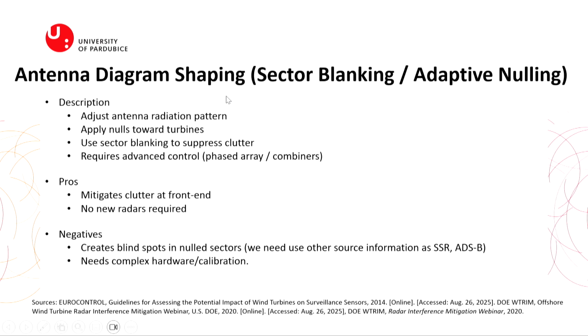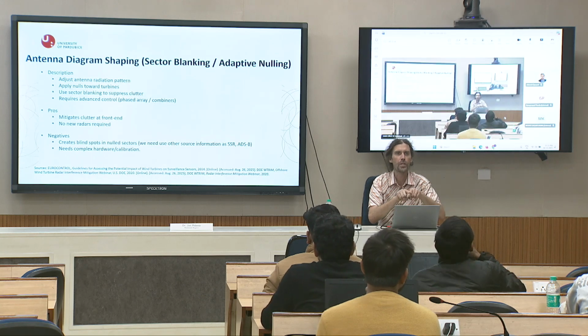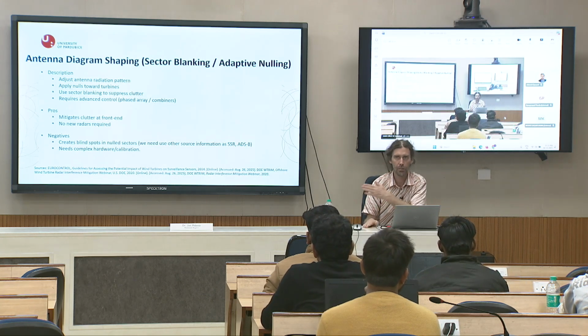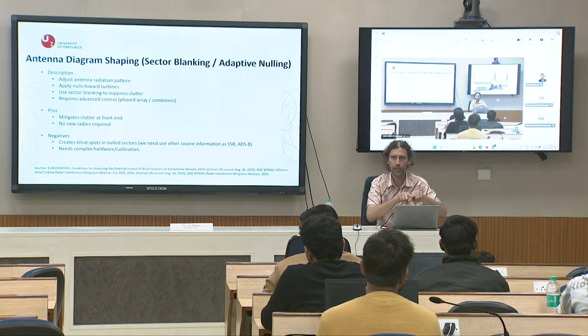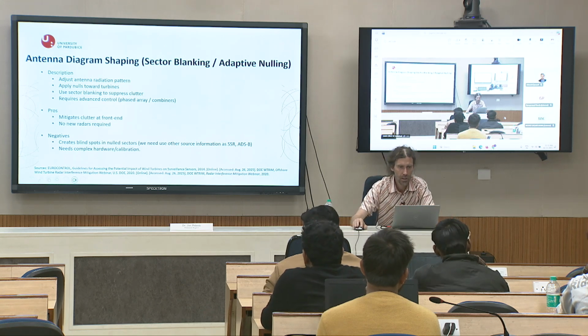Antenna diagram shaping. It is shaping the radiation pattern of the radar to reduce the impact of turbines in a specific direction. So in the direction where the wind turbine is, you shape the antenna diagram so that there will be a zero. Then there is no reflection, because there is no reflectivity in this direction, because the antenna pattern is zero.